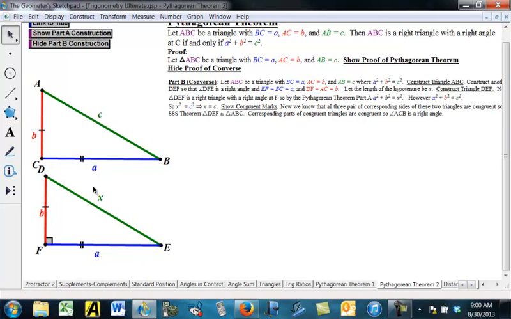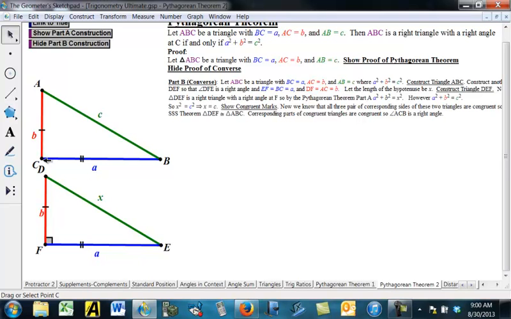Well, that means that these two triangles must be congruent by the side-side-side theorem, and corresponding parts of congruent triangles are congruent, so in fact that angle at C was a right angle. So we have proved this both directions.